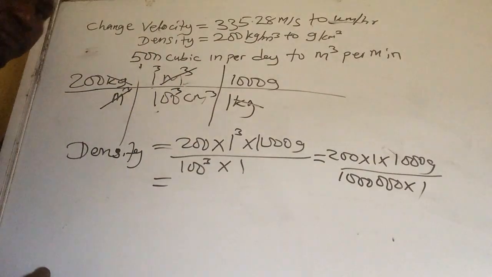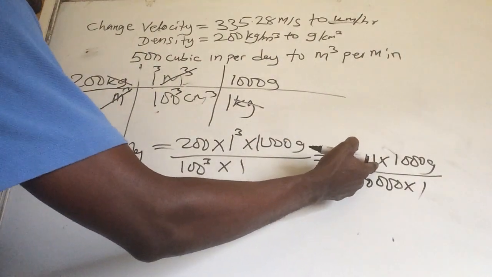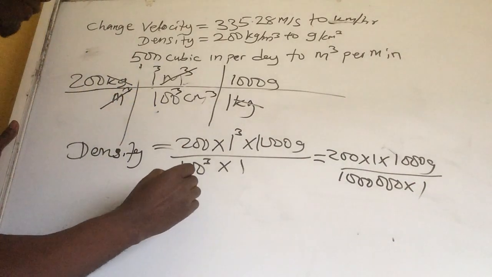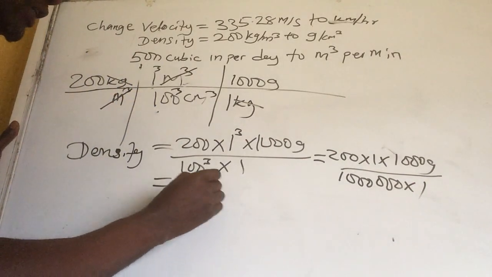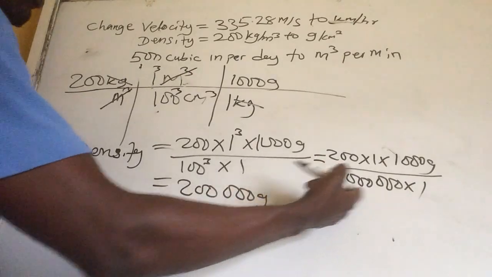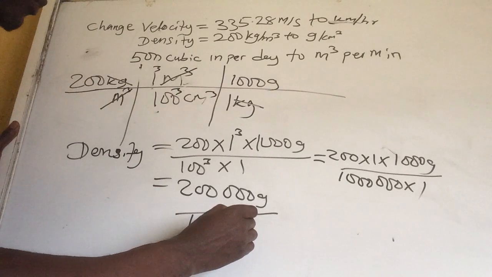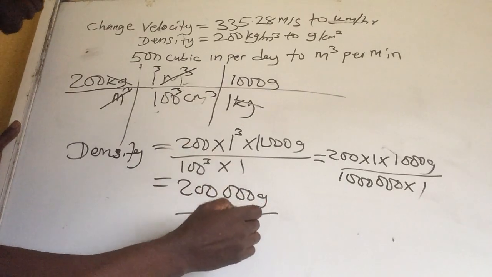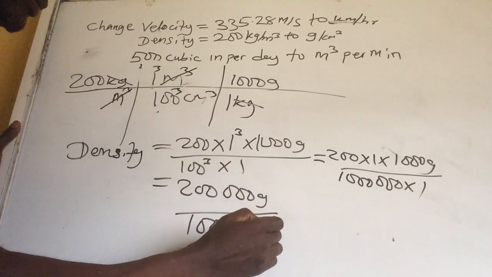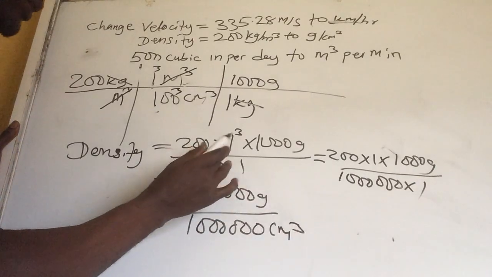times 1 here. So 200 times 1 times 1000 will give us 200,000 gram all over. 1 million times 1 will give us 1 million cm cube. Remember to put the cm cube here.